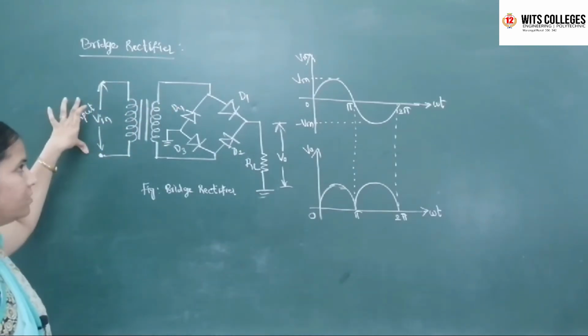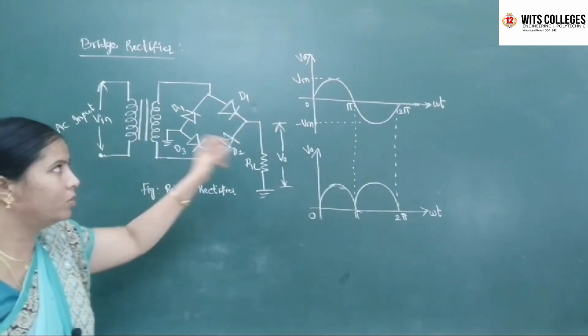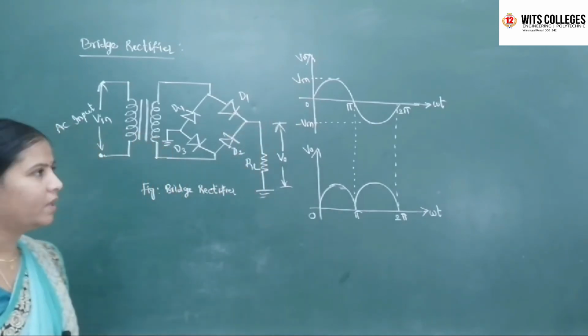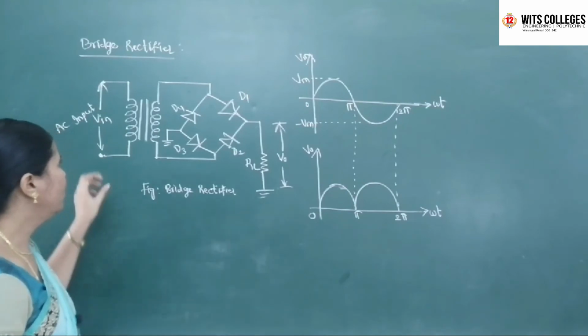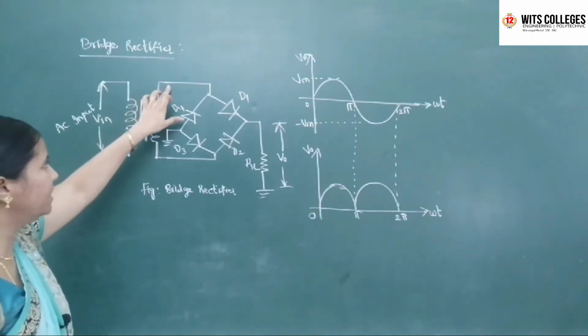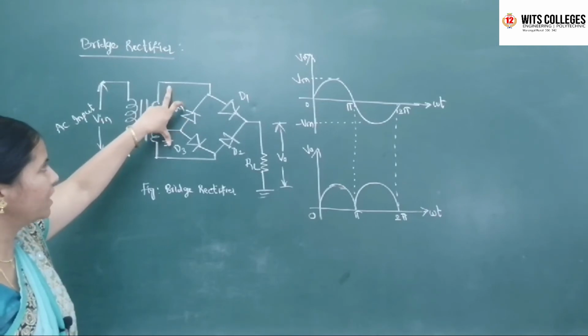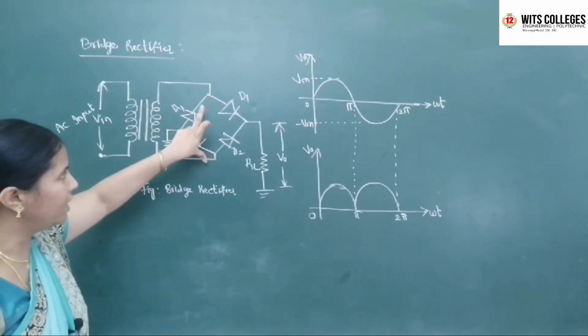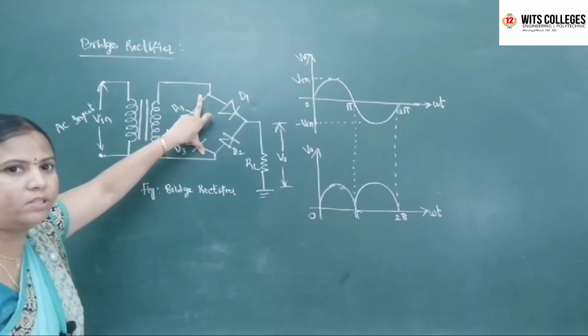At the primary terminals we are applying the AC input voltage, with maximum voltage Vm, and this is the positive half cycle, negative half cycle. The secondary terminals are connected to the diagonal elements of the bridge form.